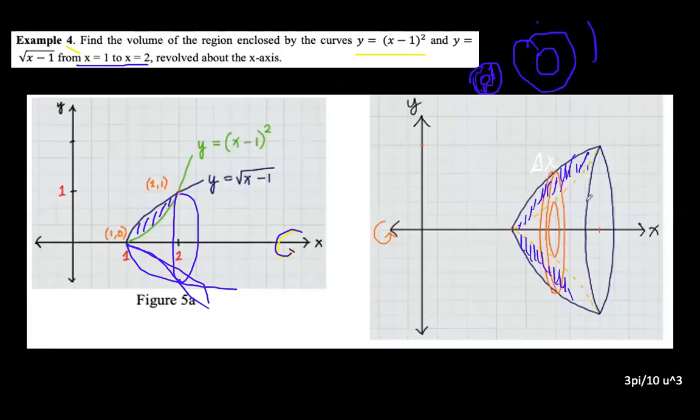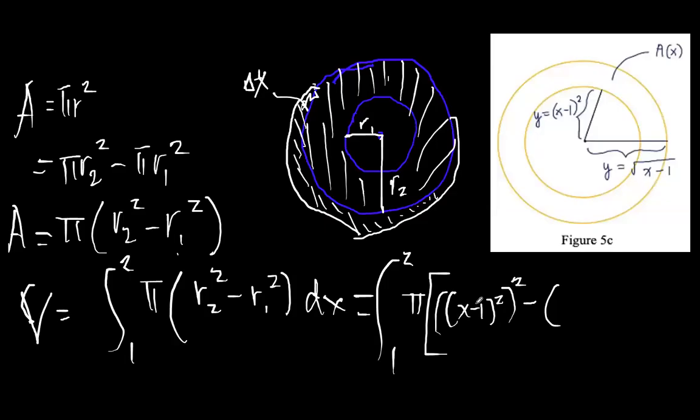Yung maliit ay, ito yung radical, which is square root of x minus 1. Square root of x minus 1, squared, dx. Naintindihan, class? Hey, naintindihan ba? Magulo, pero I hope naintindihan lahat. Okay, so next.